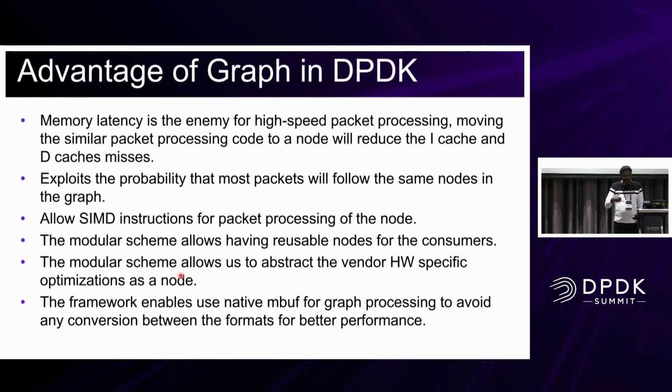It also plays another role where certain hardware features like IPsec, for example, right? Inline IPsec: some hardware has native support for doing inline IPsec, and some hardware needs it to be done in software. In such cases, the user can create the graph, which will have an IPsec node, and based on the platform, the architecture, the hardware capability, in the slow path we can form the graph, and in the cases where it's implemented in hardware, that node can be a simple no-op, right?